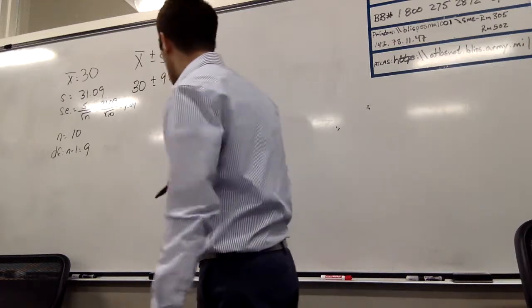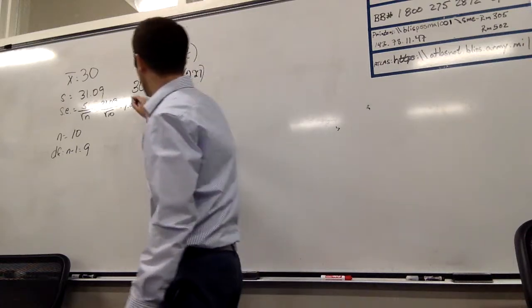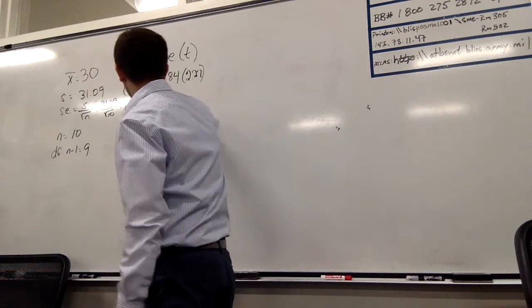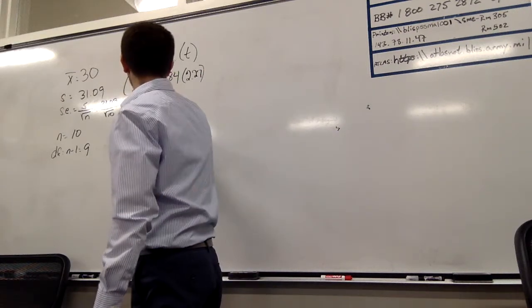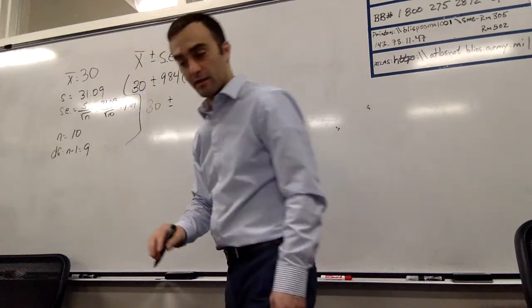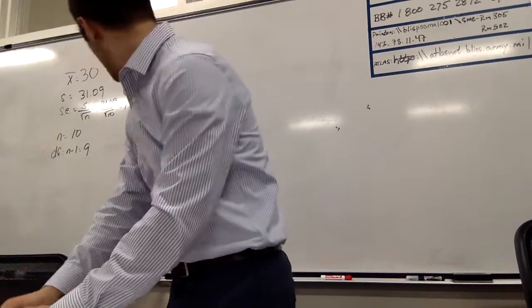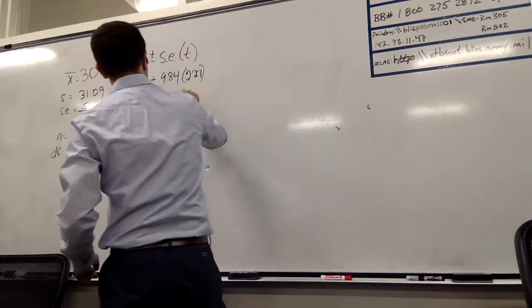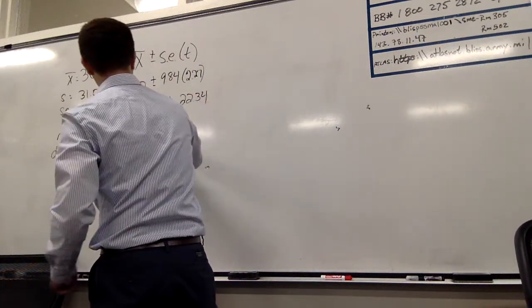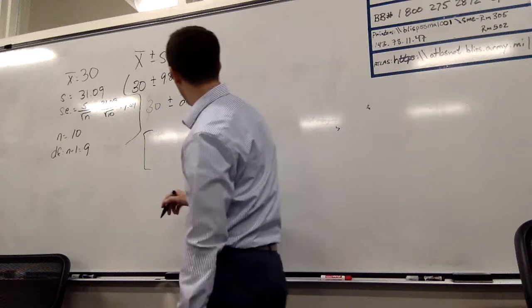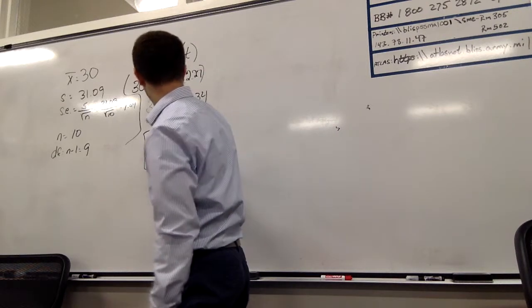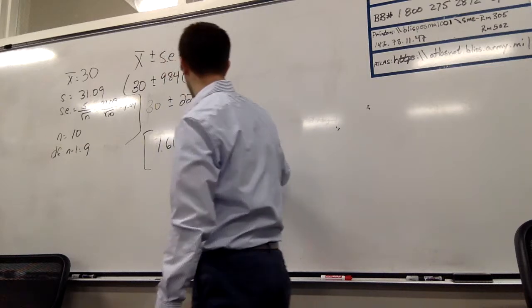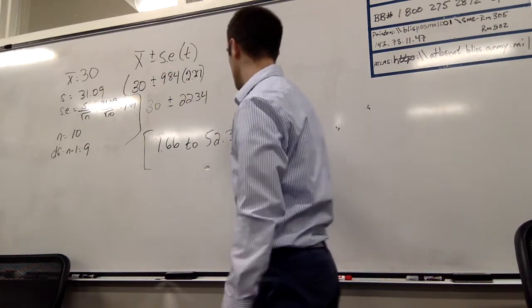Check. So there's your range when you calculate it out. It's going to be 30 plus or minus 22.34. So the range, the low would be $7.66 to $52.34.